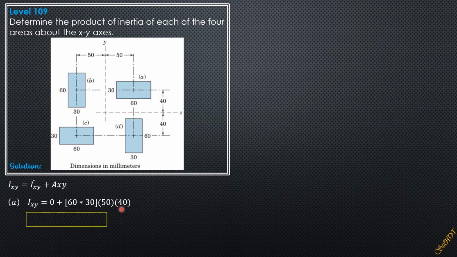So Ixy equals 3.6 times 10 to the 6 millimeters to the fourth. For this orientation of rectangle 2, Ixy equals 0 plus 30 times 60, x bar is negative 50, y bar is positive 40. So Ixy equals negative 3.6 times 10 to the 6 mm to the fourth.